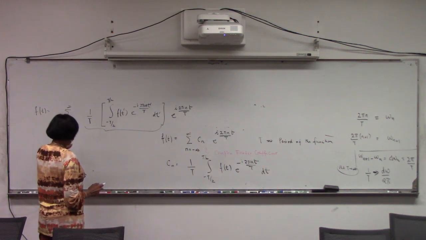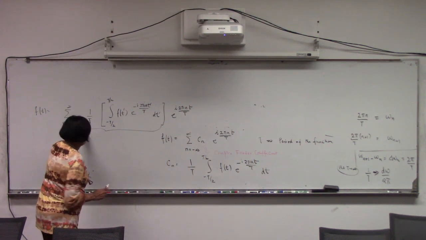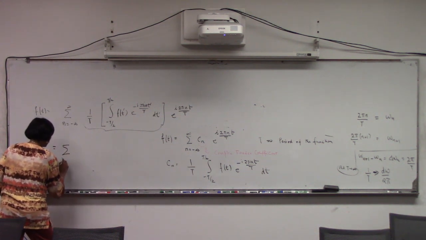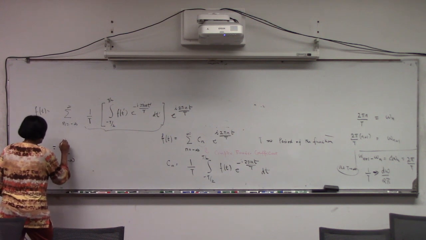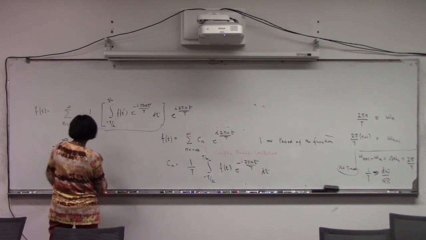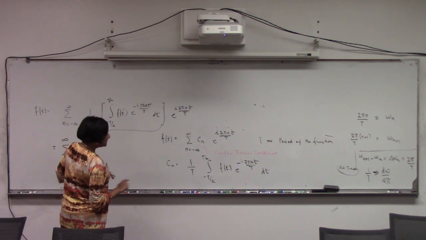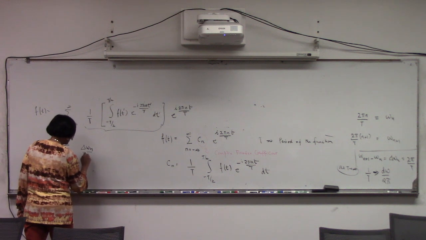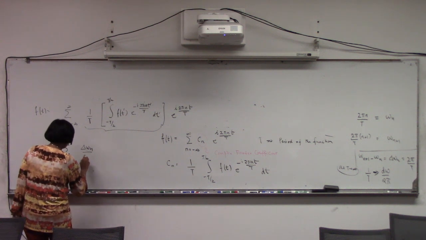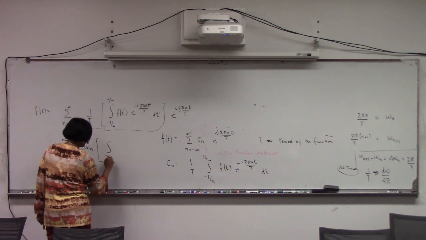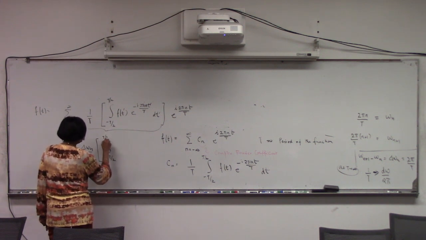All right, so let me go step by step so that you understand it. Here it was 2 pi over delta omega n; 1 over T is delta omega n over 2 pi. At this point it's still like this, so that you understand what I'm going to be doing.